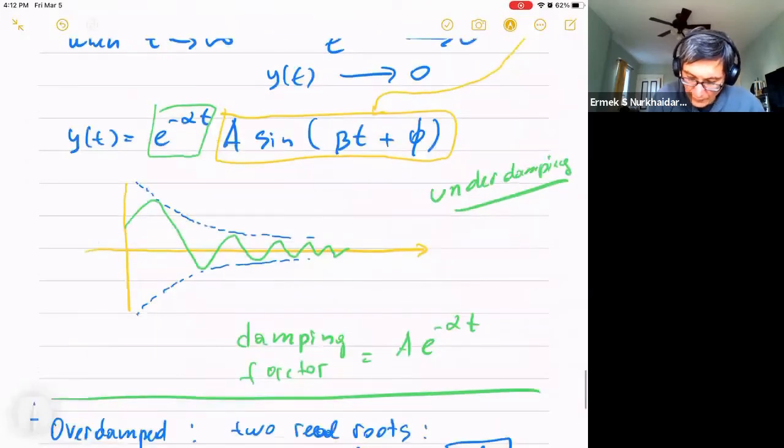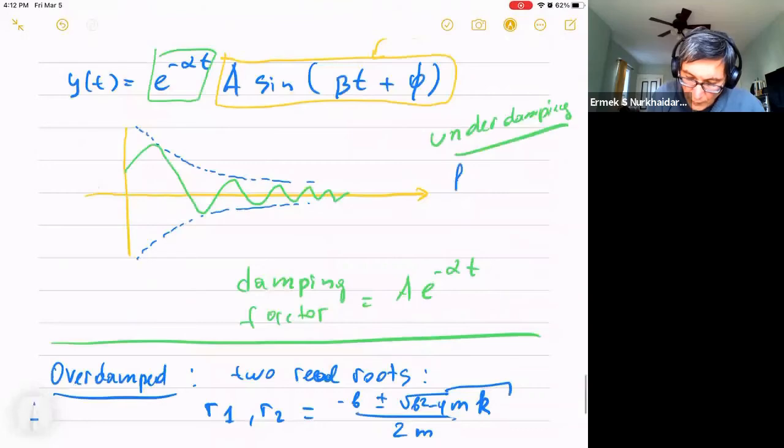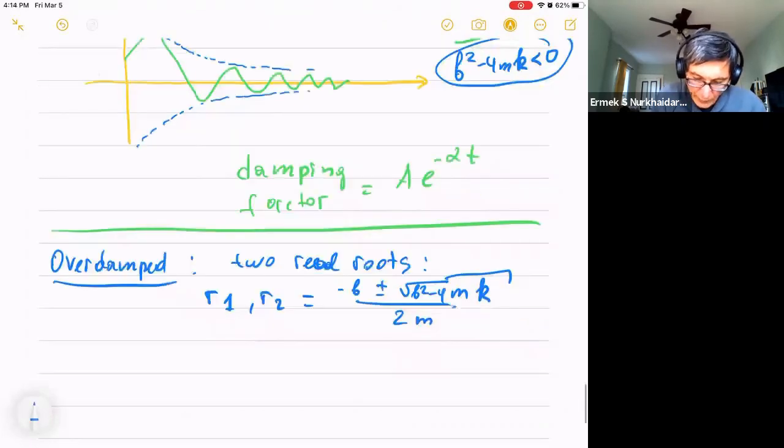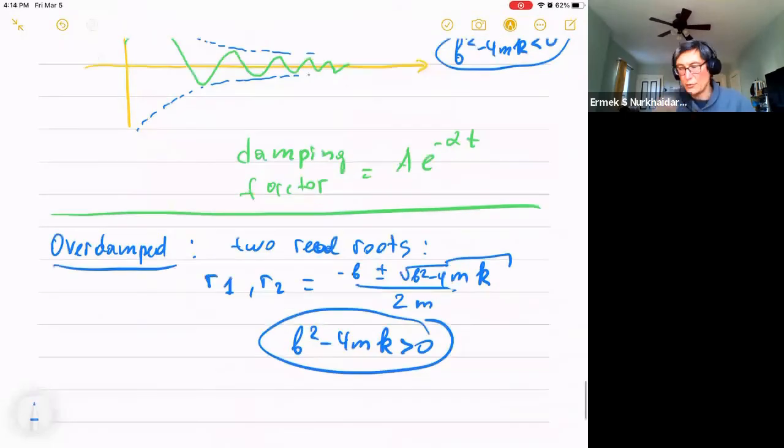So for underdamping, we have b squared minus 4mk less than 0. For overdamped, we have b squared minus 4mk positive. Okay, so we have two roots.